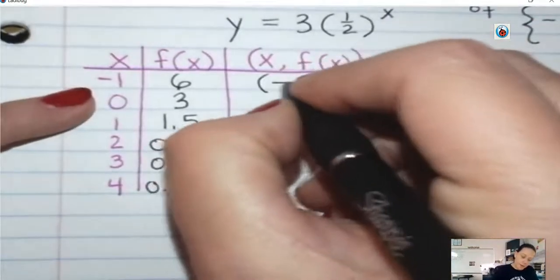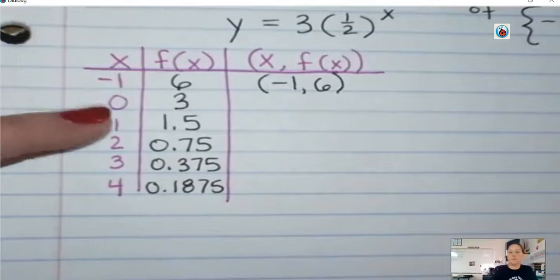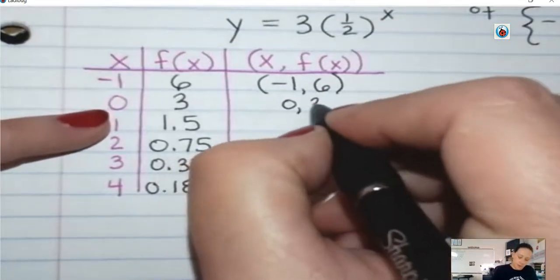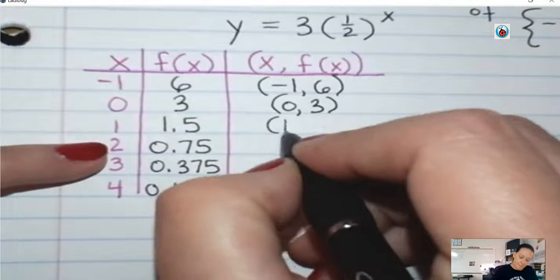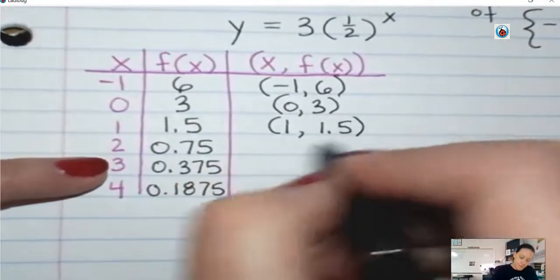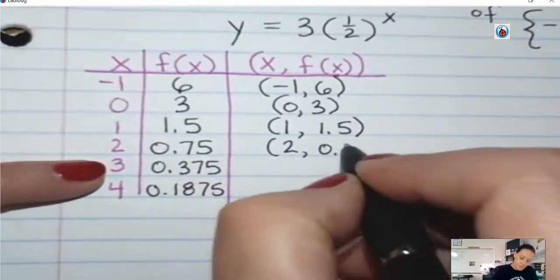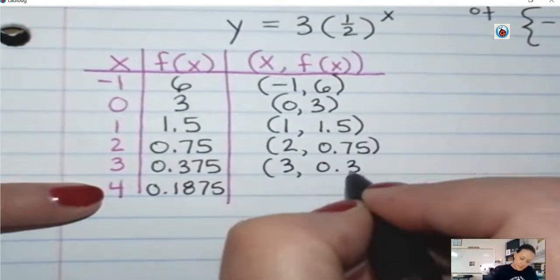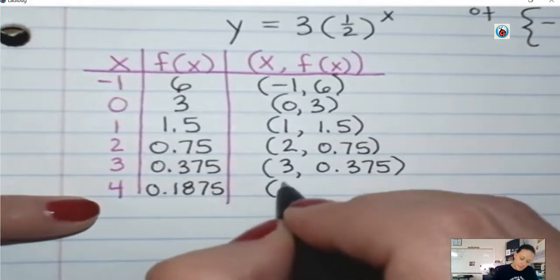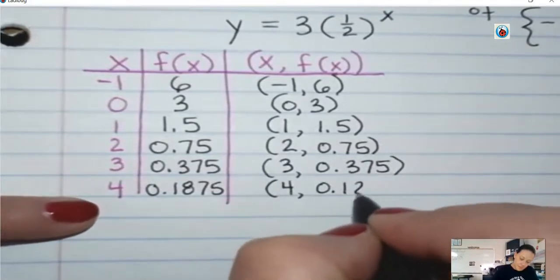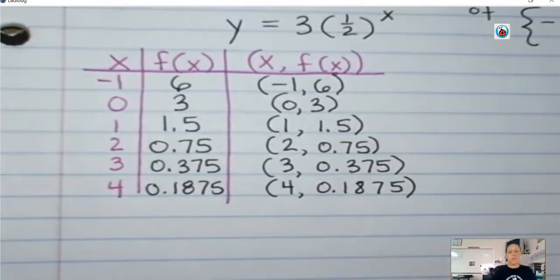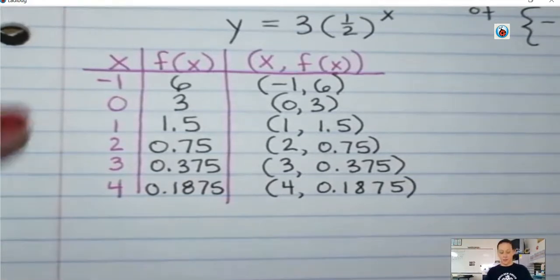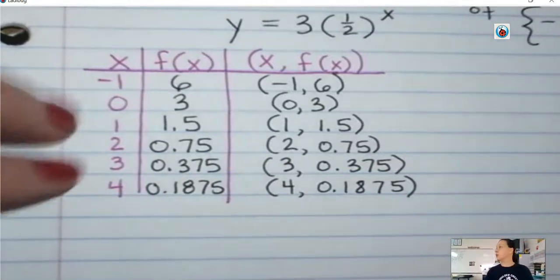So we're going to be graphing -1, 6, 0, 3. Okay, because the question is only asking for these specific points, these are the only ones you're going to graph.